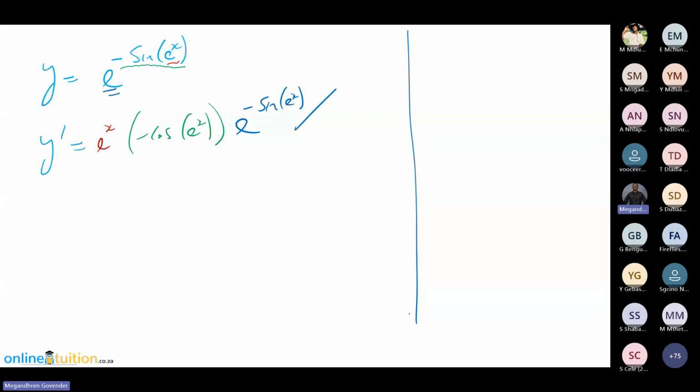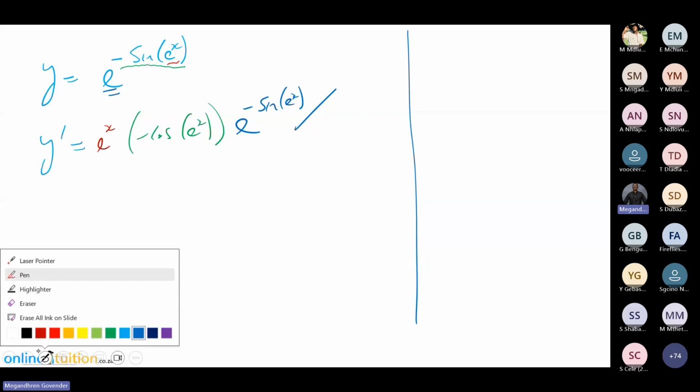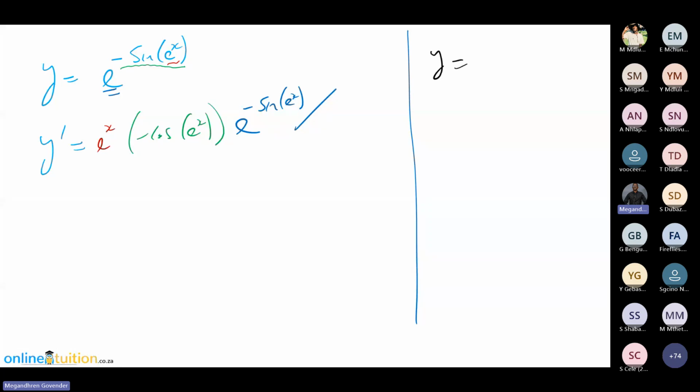So for example, if I gave you y is equal to, say, e to the minus 3t squared. What is dy/dt equal to?